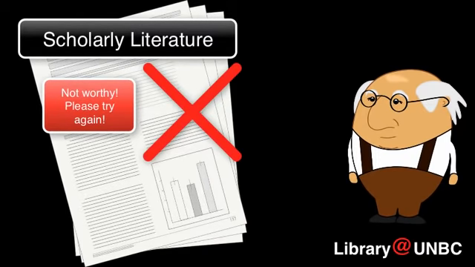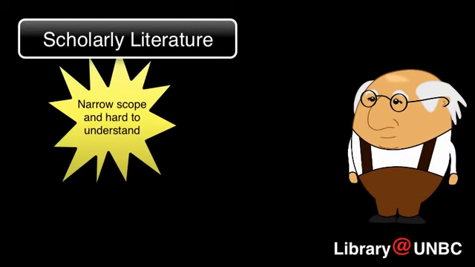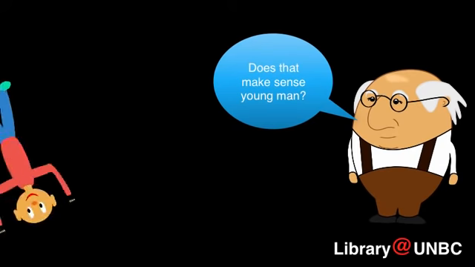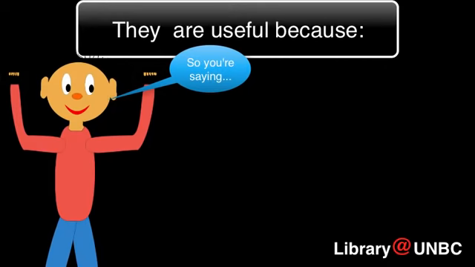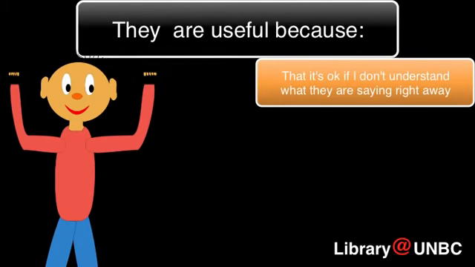Unlike popular literature, the scope of the topics covered in these types of journals tends to be very narrow and hard to understand. Just like popular literature, scholarly publications have their uses and advantages. These types of articles are written by experts for experts and scholars.